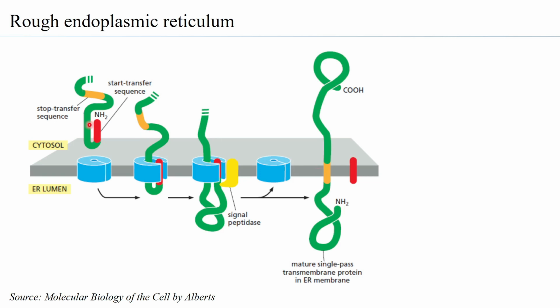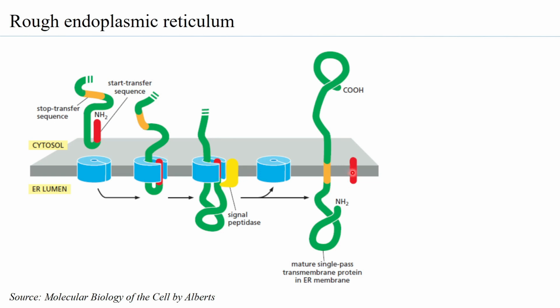You see, the stop transfer sequence will remain bound, so no longer will the protein go inside, but whatever has gone inside becomes the cytoplasmic domain. Whatever remains outside becomes the extracellular domain of the transmembrane protein. And this, as you can see, is a single pass transmembrane protein.